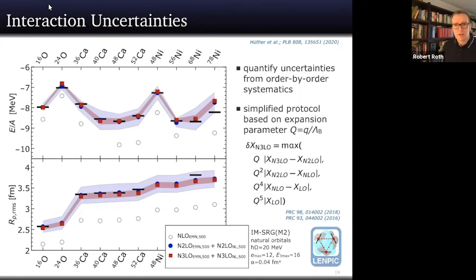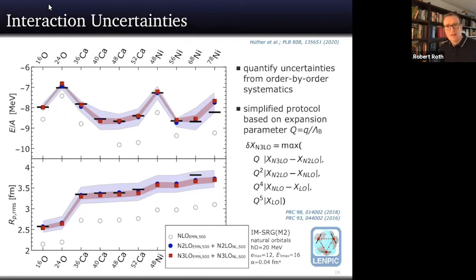the chiral expansion. So you have a small parameter, which is a momentum scale, which is called Q, and that's defined by a typical momentum of your system divided by the breakdown scale of your theory, which is about 600 MeV, and this number Q is typically 1/3. So that is luckily smaller than 1, but it's not super small.